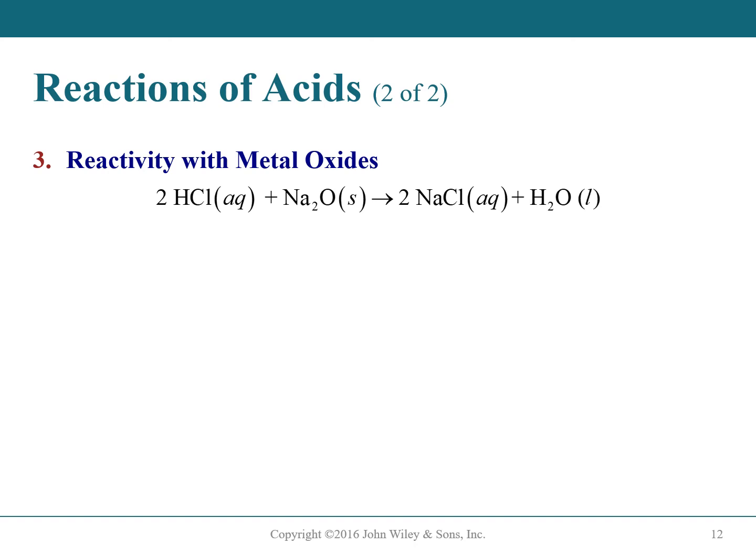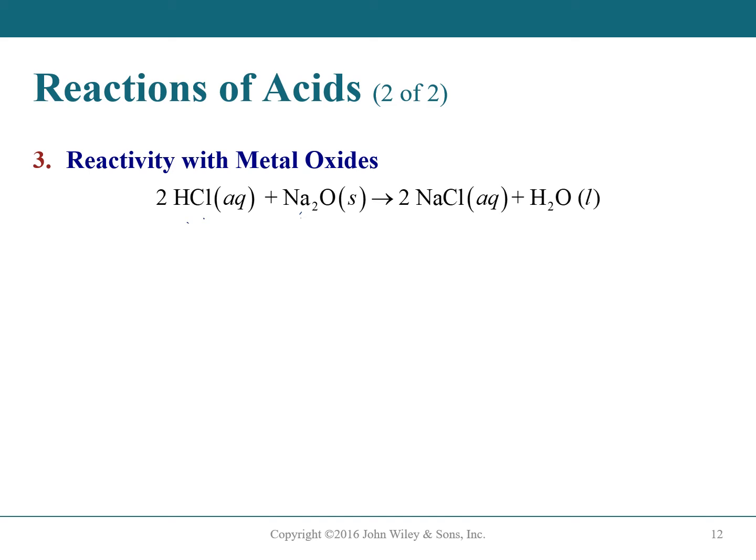Okay, and finally with your metal oxides. So basically, in the lab where we did calcium oxide, okay, and hydrochloric acid, this will react. You're going to form sodium chloride and you're going to form water.